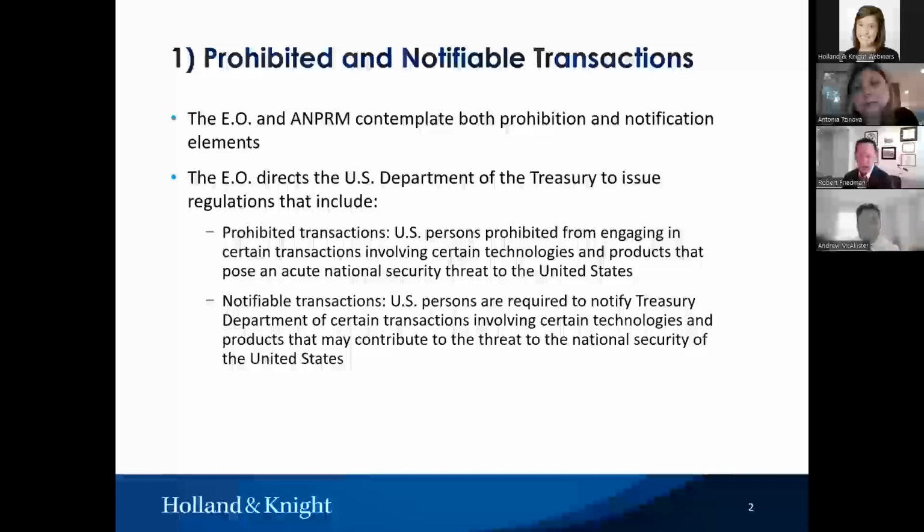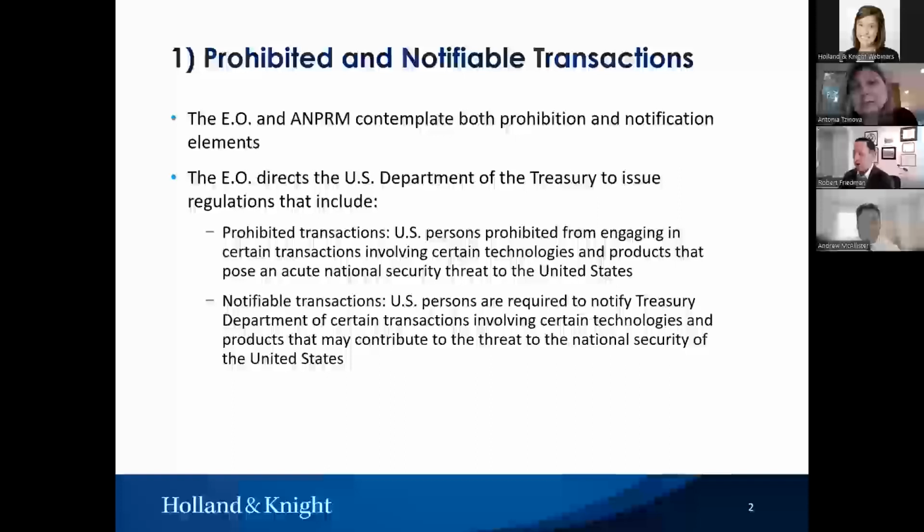So this implies that the Treasury might envision a similar system to what OFAC has, with licensing for individual transactions that might be subject to a national security exemption. The proposed rules set a very high bar for these carve-outs, and they would need to present extraordinary benefit to U.S. national security. So there's a contemplated licensing aspect to this, but it is a pretty high bar that would likely need to be satisfied.